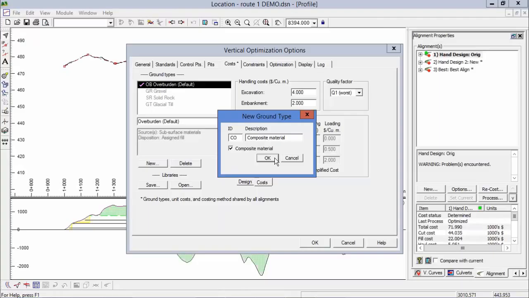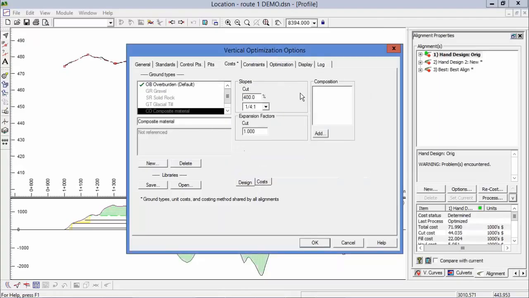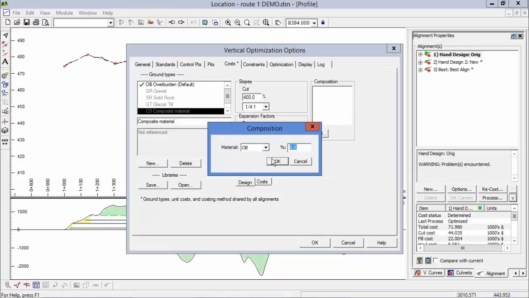Once I've done that, if I go into design, I can set up what this material is composed of.